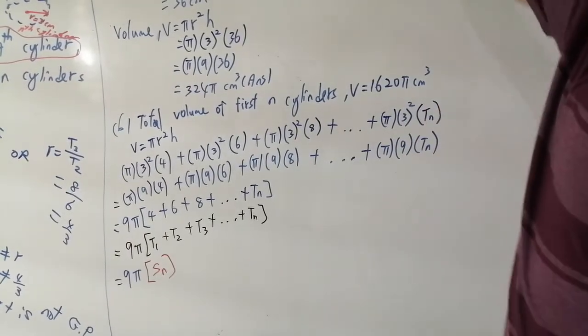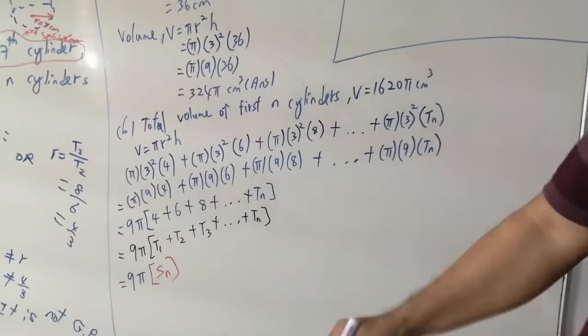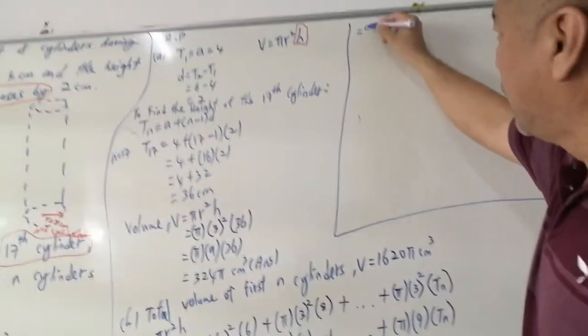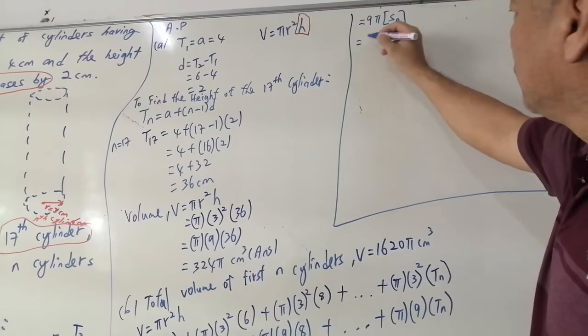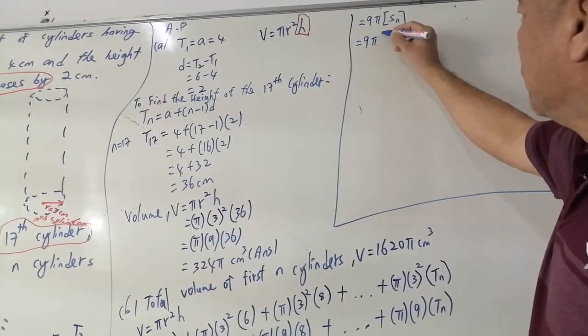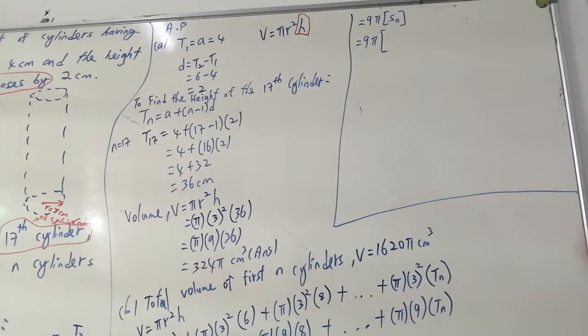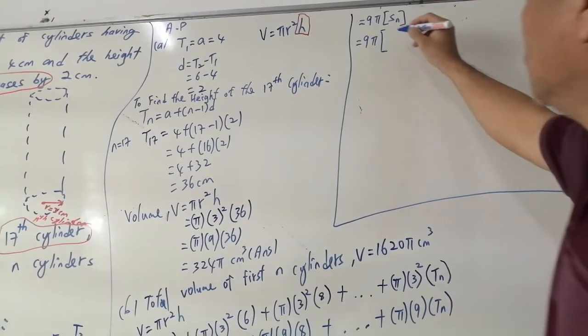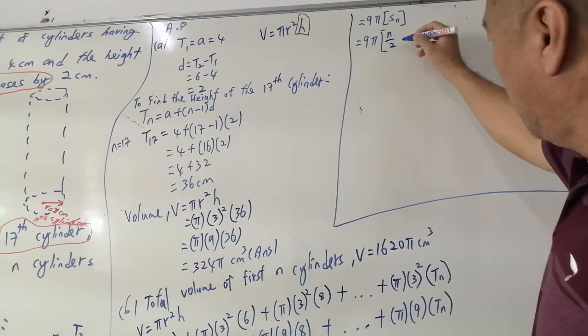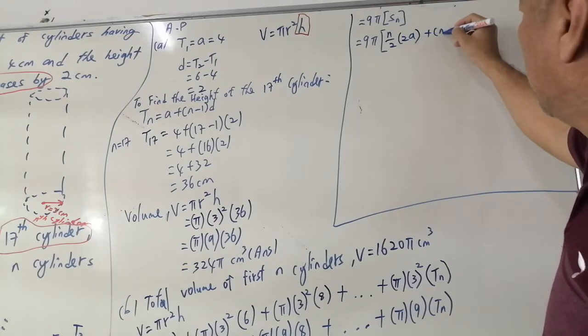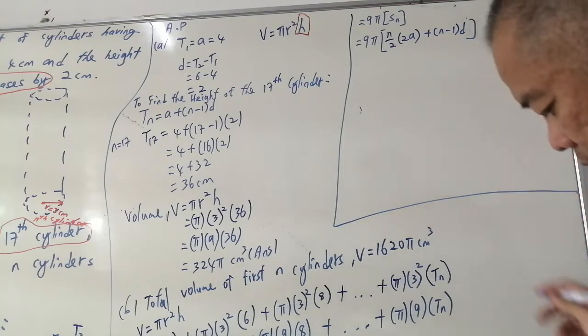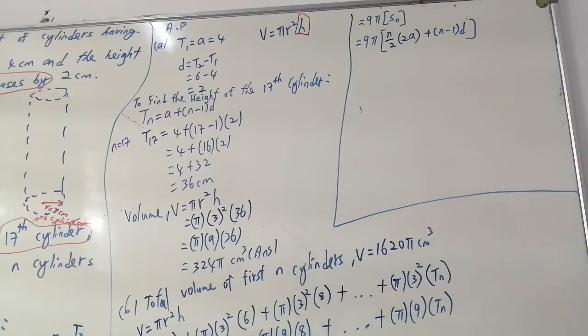So I write 9 pi Sn. My Sn equals what formula here? I can use Sn equals n over 2 times 2a plus n minus 1 d. This one is my general formula.